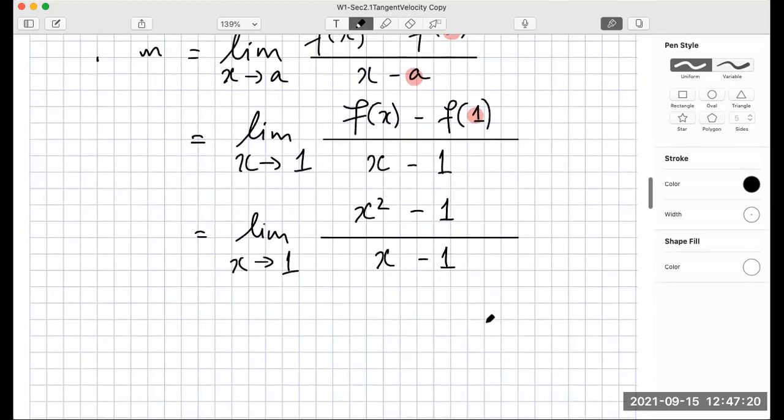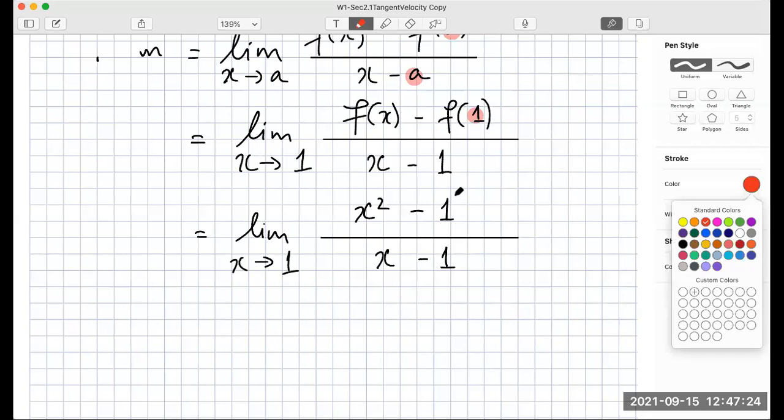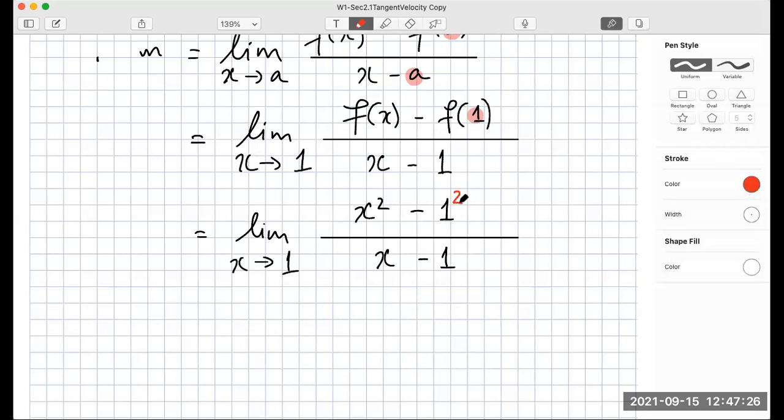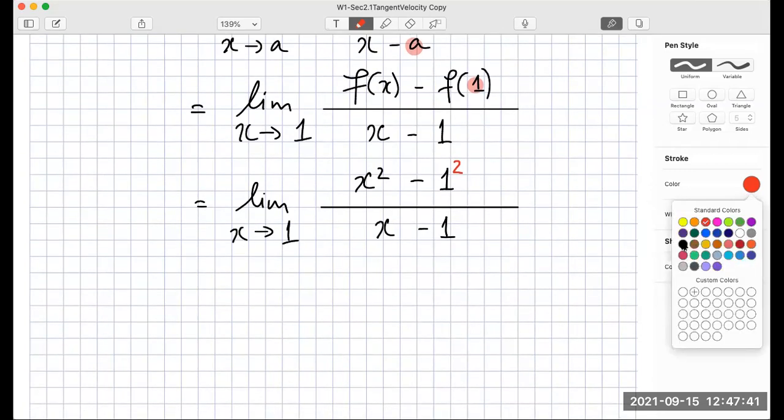Which formula should we use here? Again, a useful formula: a squared minus b squared is a minus b times a plus b. And in this case, 1 is also 1 squared, they're the same thing. Then we can use the formula.